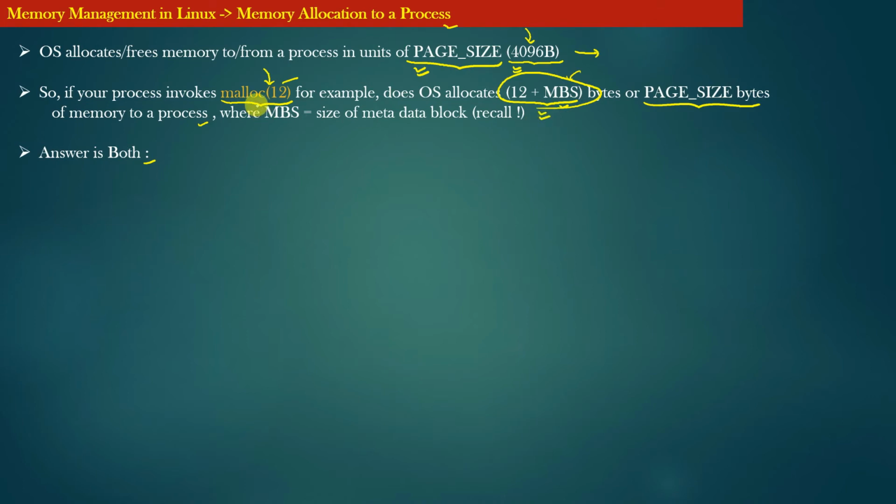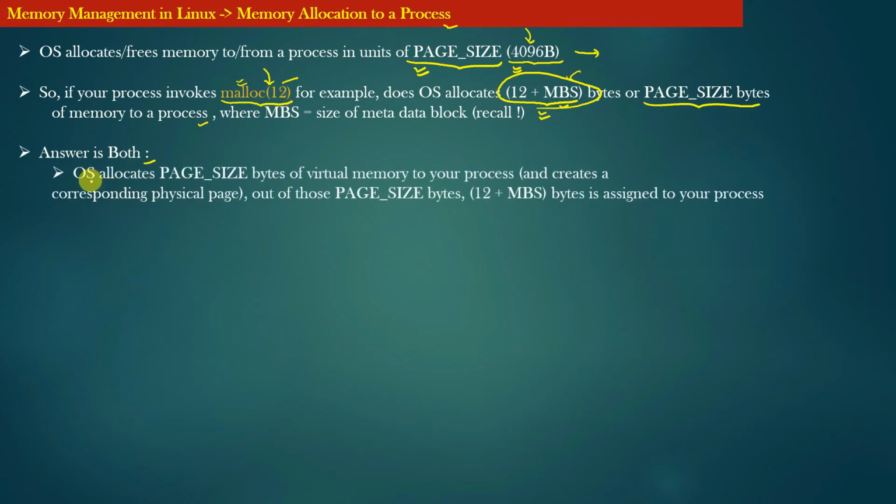When your process requests 12 bytes of memory using the malloc function, the operating system allocates 4096 bytes of virtual memory to your process. Allocation means that the heap segment is extended by an amount equal to 4096 bytes. As soon as the operating system allocates virtual memory, it also creates a corresponding physical page.